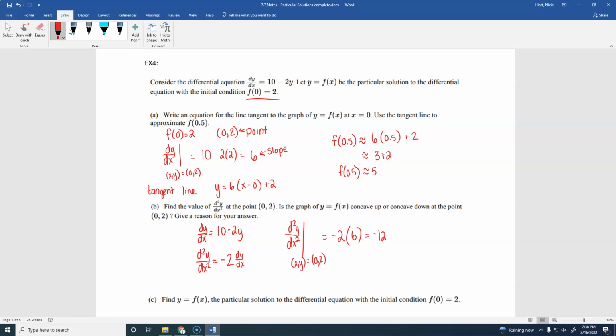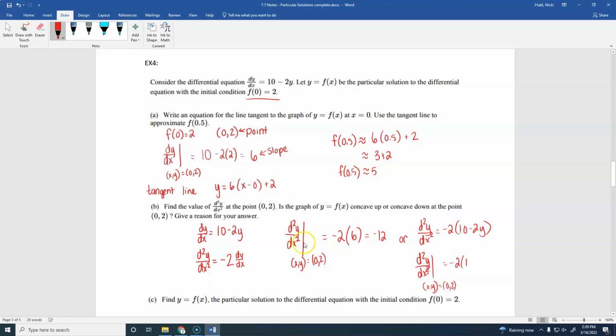The other option, if you didn't realize that you already had that from the part ahead of time, is you could also write your second derivative like this: negative 2 times (10 minus 2y), because you could plug in the dy dx here, and then you could plug in (x, y) equals (0, 2).